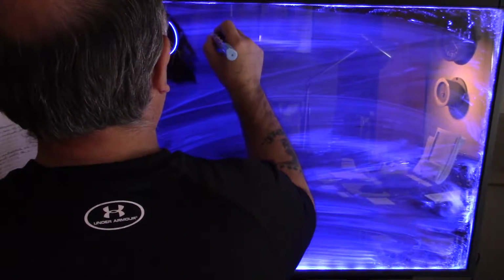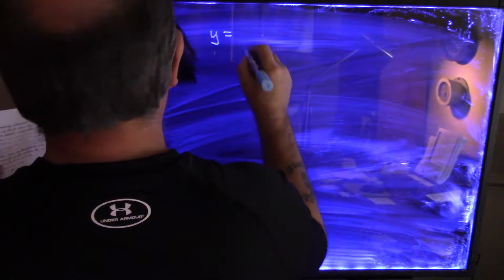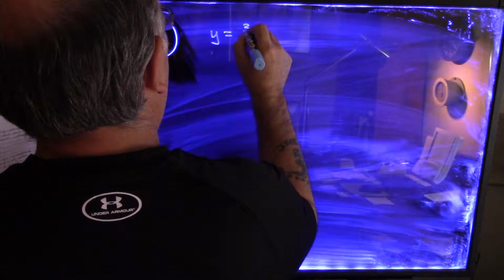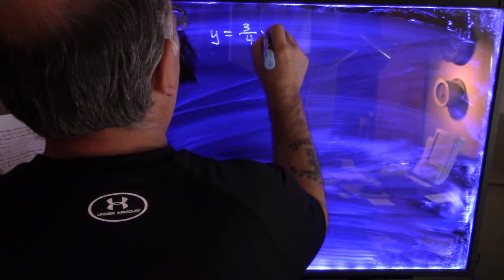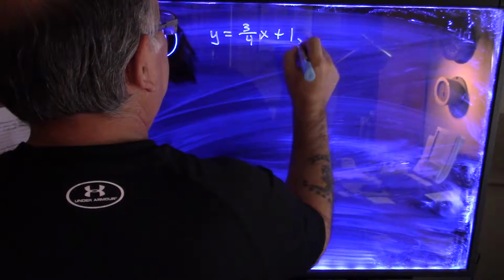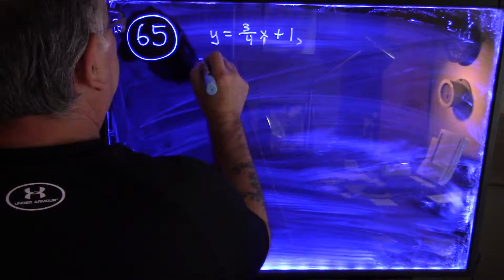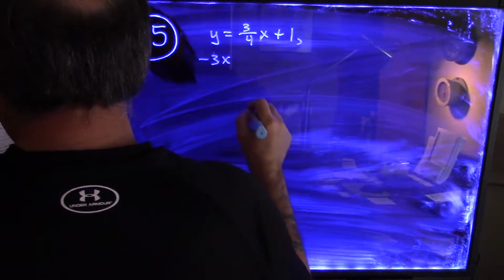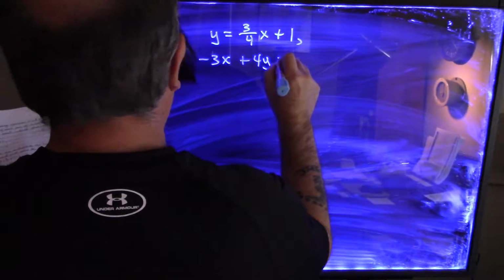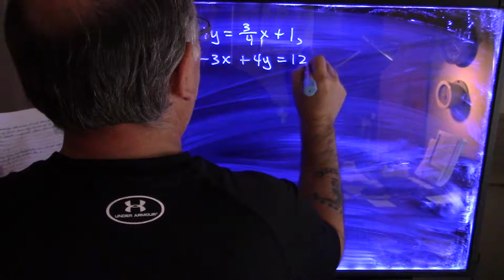y equals 3/4 x plus 1. And we also have negative 3x plus 4y is equal to 12.